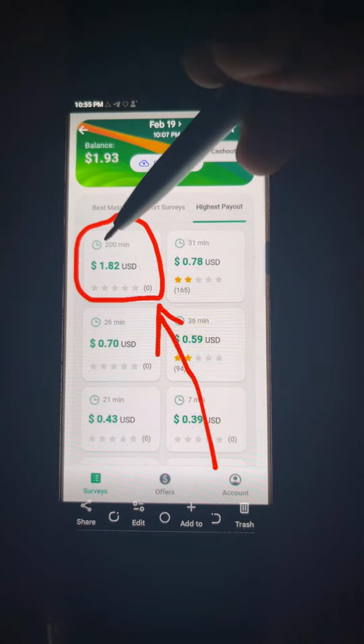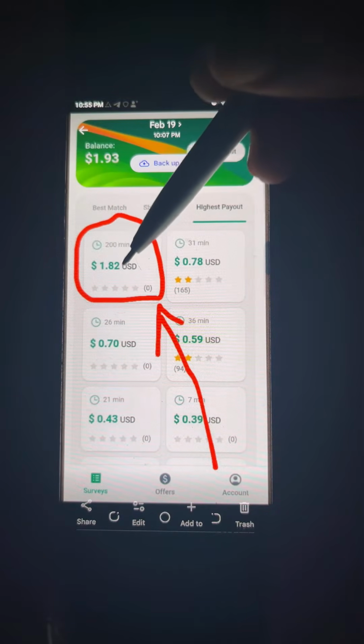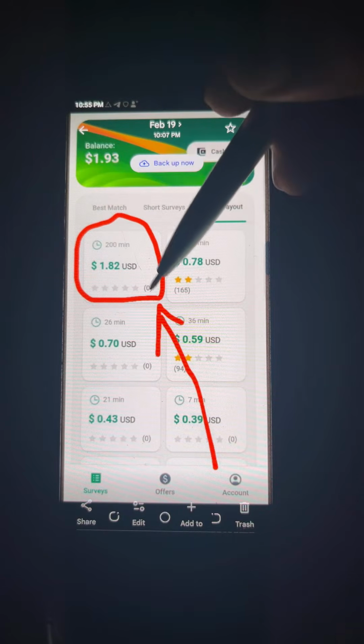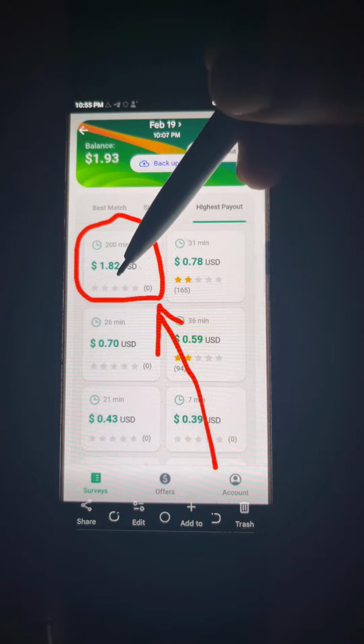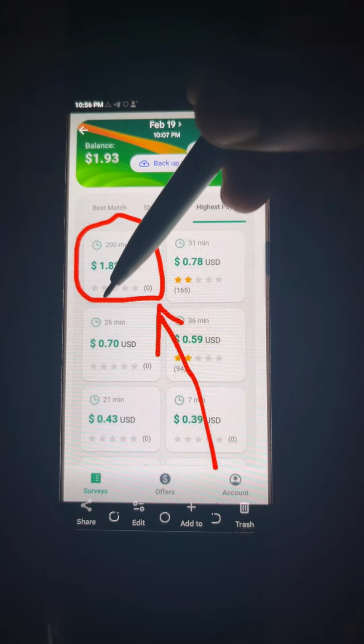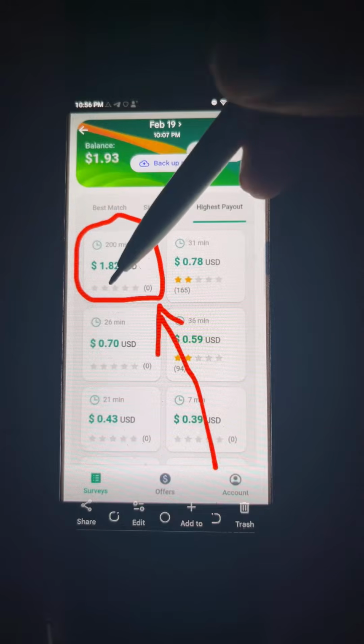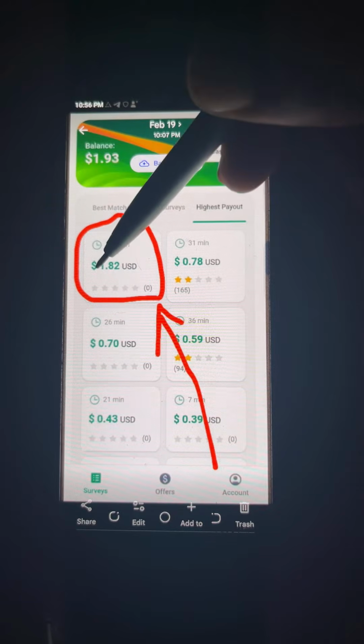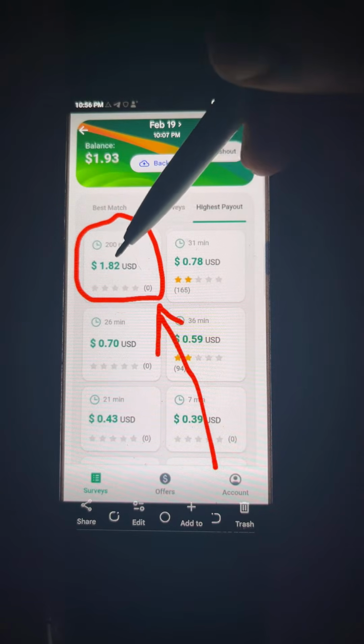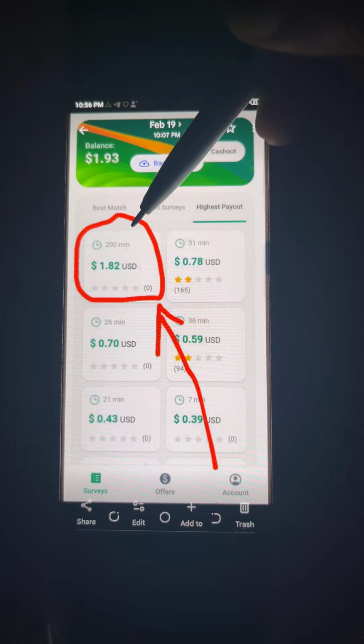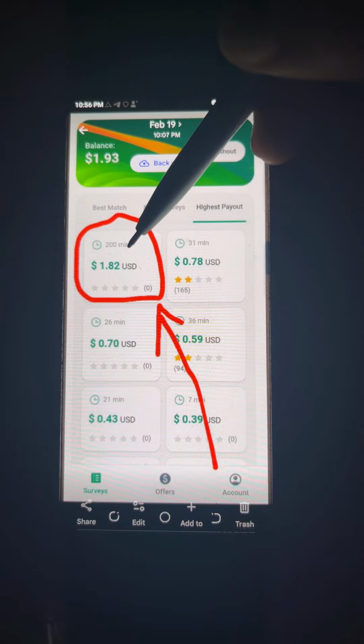So now, if you are doing this kind of survey that has 200 minutes, that's about 3 hours plus, right? Because 60 minutes make 1 hour. 60 plus 60 is 120. 120 plus 60, that's 180. That's 3 hours plus 20 minutes, right? Yeah.